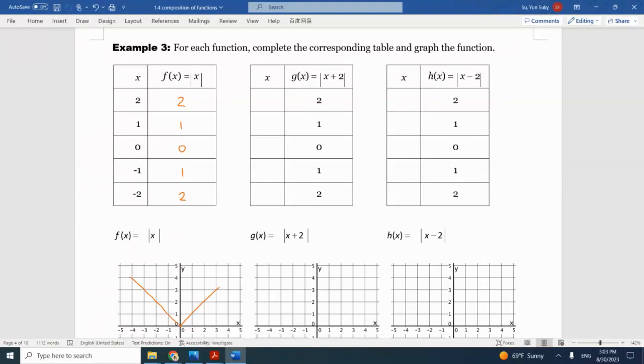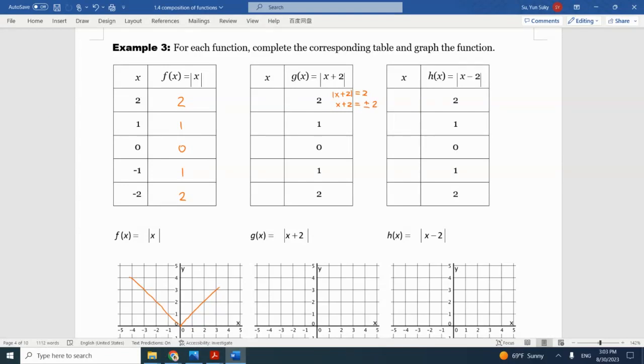So you set this equal to 2. You're doing absolute value of x plus 2 equals 2, and you want to solve for x. So when you get rid of the absolute value, you can get positive or negative 2.